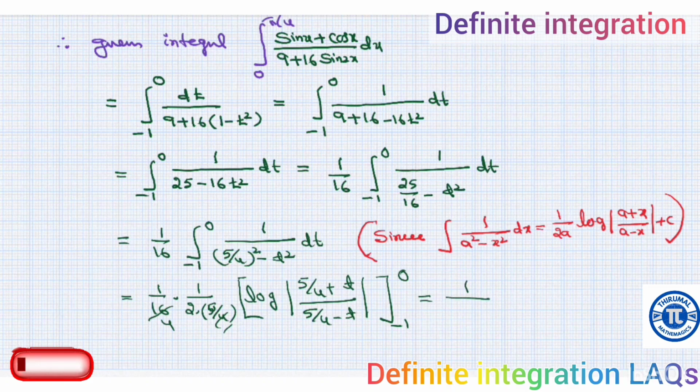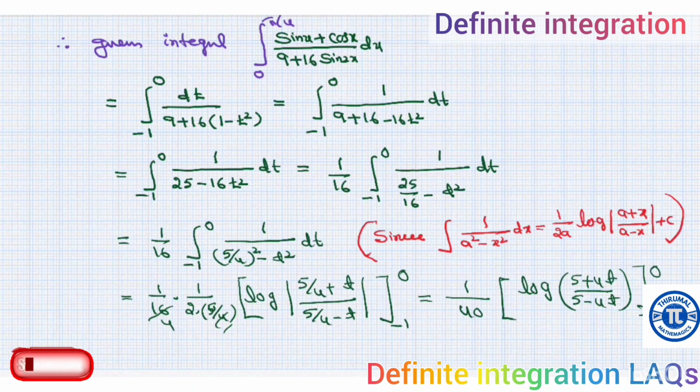4 ones are 4, 4 twos are 8, 8 fives are 40, so we get 1 by 40 into log of, taking 4 as the LCM in numerator and denominator, (5 plus 4t) by (5 minus 4t). The denominators' 4 cancel, with limits minus 1 to 0.